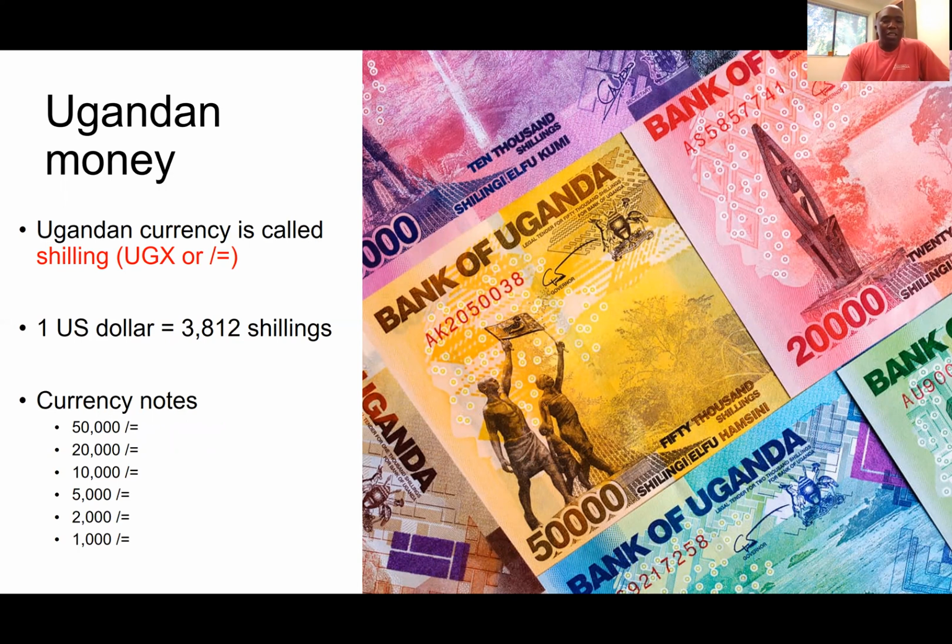The highest note we have is 50,000 shillings, which is the brownish yellowish one in the middle here. And the smallest note is 1,000 shillings, which would be this one right here. That's basically Ugandan money, and if you notice, all of it has the crested crane with another animal in the middle.